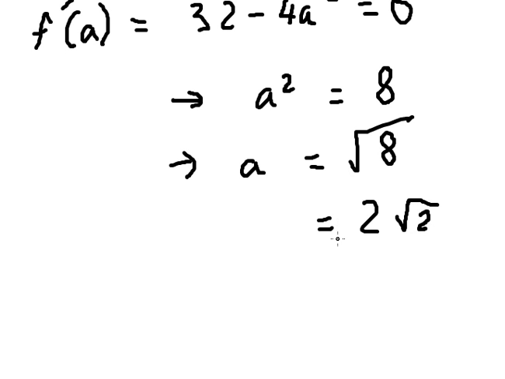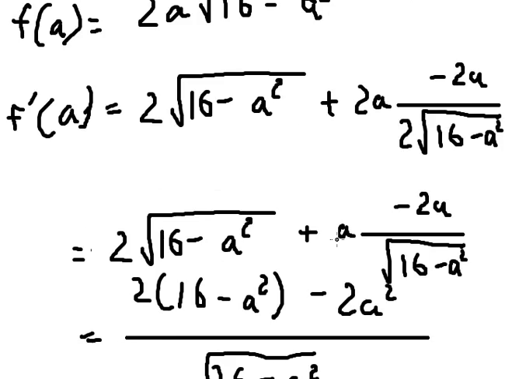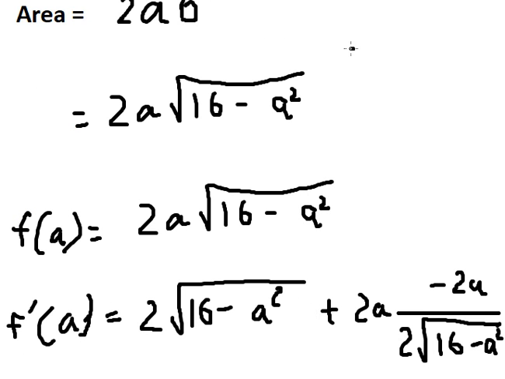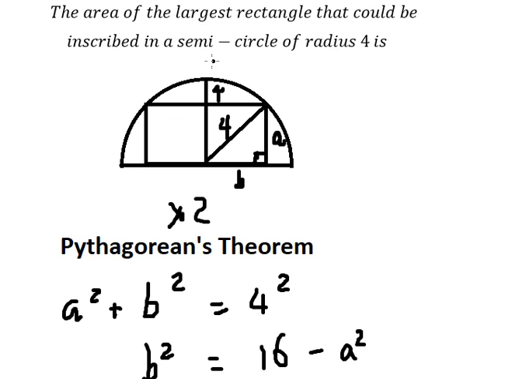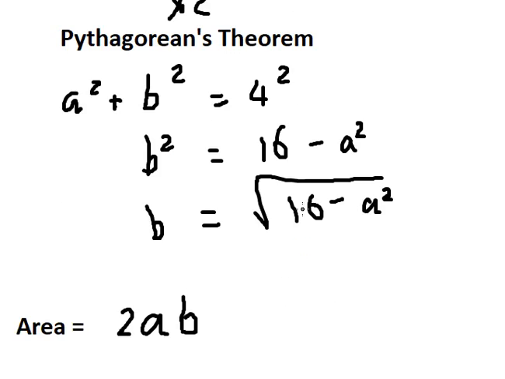After we calculate this one, we can put it back to this one in here. So we can find the maximum area of the rectangle inscribed in a semicircle in here.